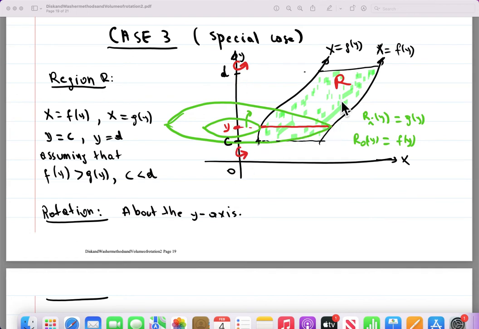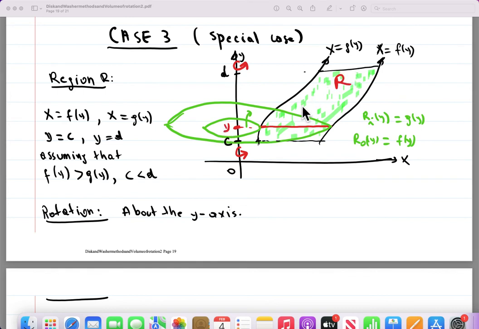Within the given region, we draw the cross-section line from one end of the region to the other. If you project this line, it hits the y-axis at y. That means everything you do here must be expressed in terms of y, and the integral you set up is going to use the variable y.